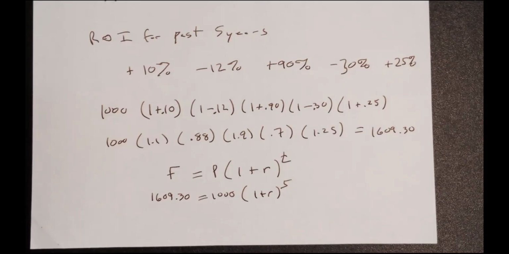Ready for the sneaky part? Take this number and divide by 1,000. You would get 1.6093, right? That's the same as if I divide this over here, isn't it?